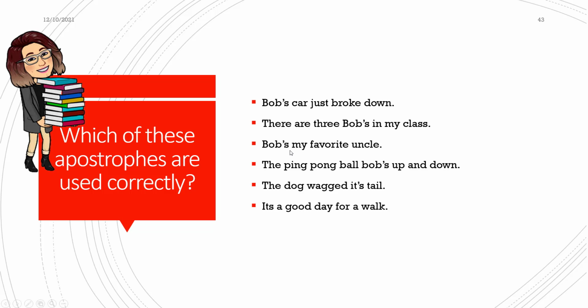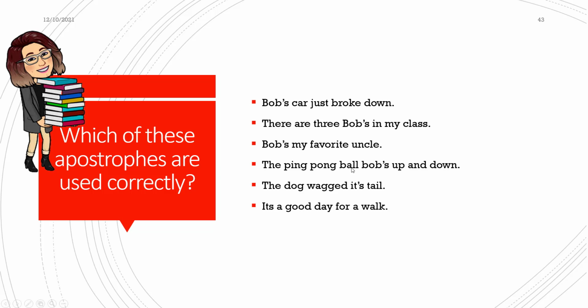Bob's my favorite uncle. So here you would have Bob is. Another way in which we use an apostrophe is to show contractions. So Bob's my favorite uncle means Bob is my favorite uncle. So that's correct. The ping pong ball bobs up and down. Here, the ping pong ball is a singular subject, and bobs is a verb.